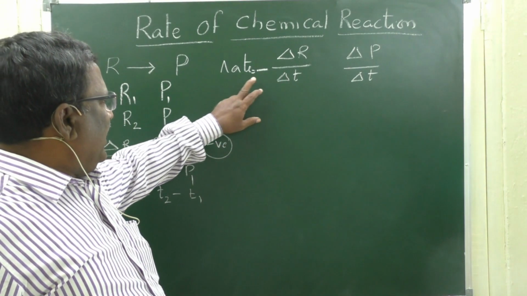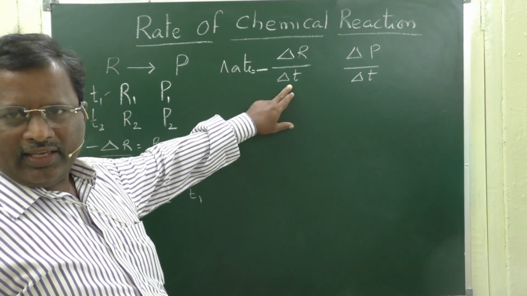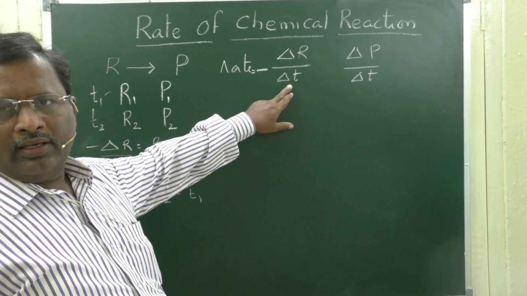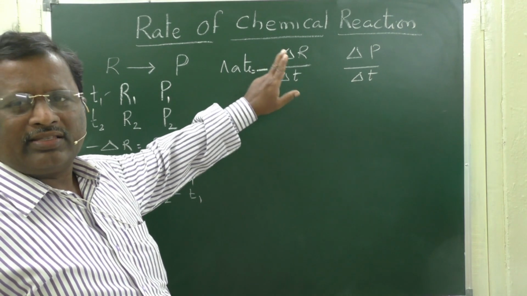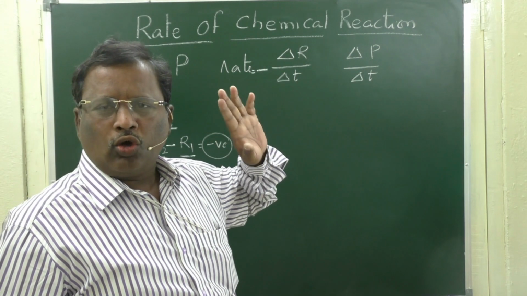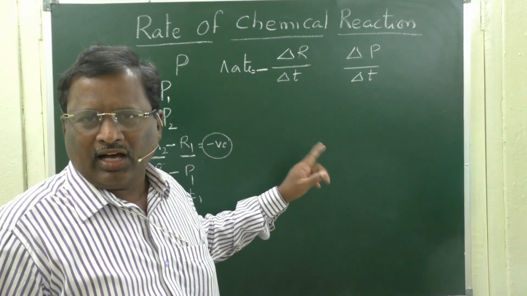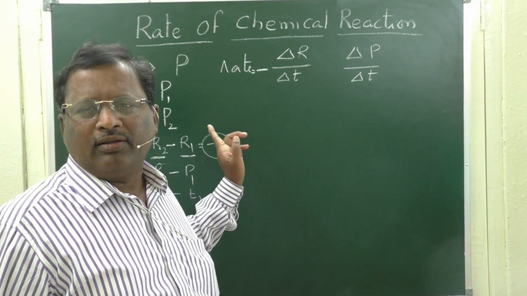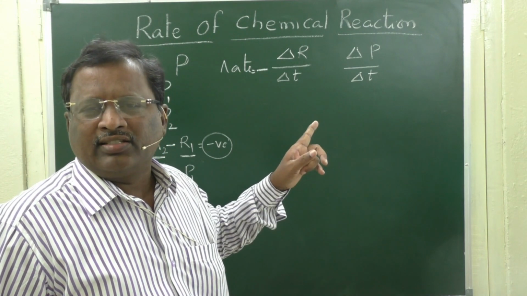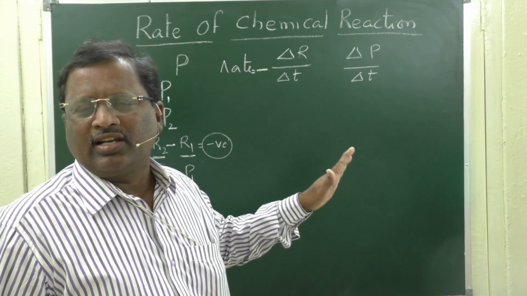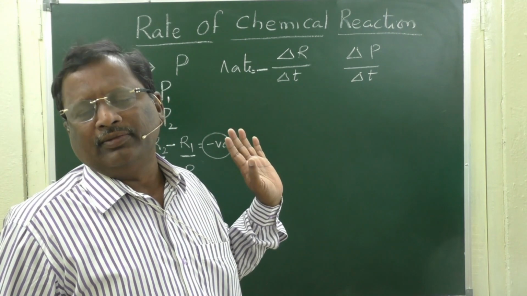That means rate is equal to minus delta R by delta T. This negative sign is meant to make the rate a positive value, because rate is always positive. Delta R is nothing but R2 minus R1, final concentration of reactant minus initial concentration of the reactant. For reactants, final concentration is always less than initial concentration, because with time the concentration of reactant is decreasing.